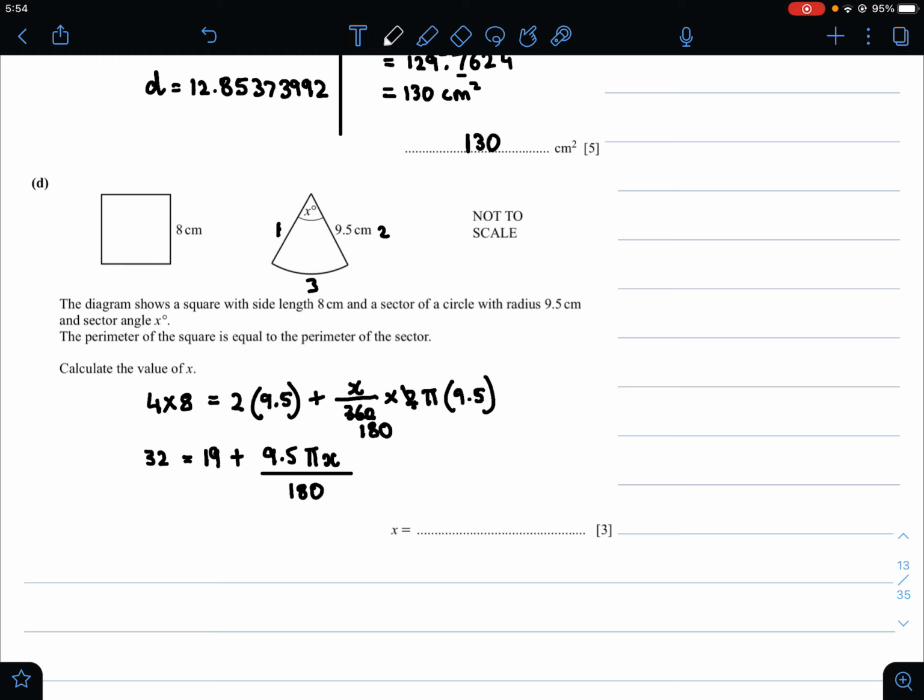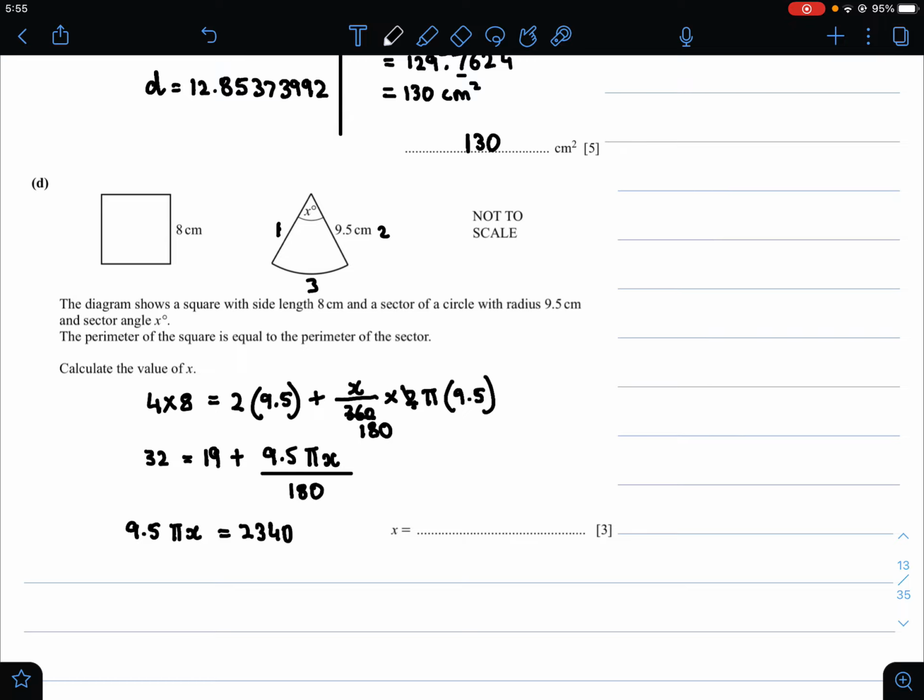Now we can take the 19 to the other side of the equation, so it will become 9.5 pi x, which is equal to 32 minus 19, which is 13, and we can even take the 180 to the other side of the equation. Division will become multiplication. So 13 multiplied by 180, which is equal to 2340.